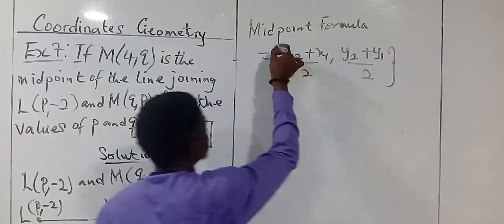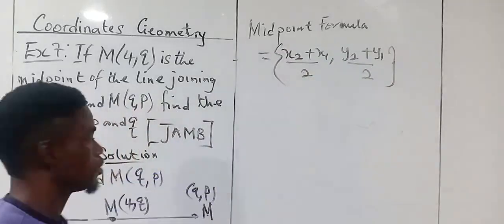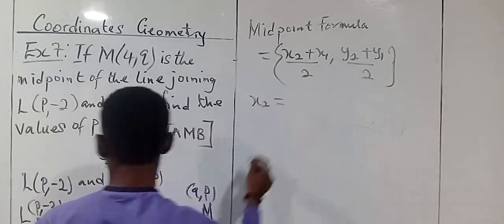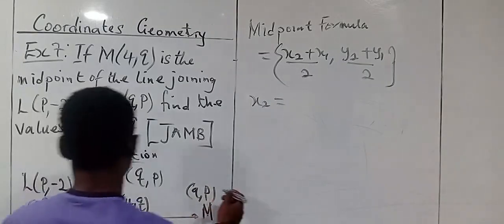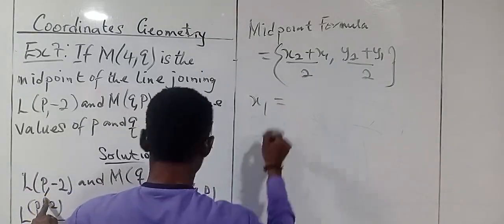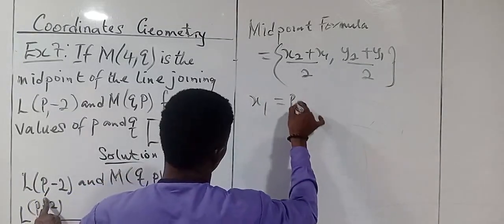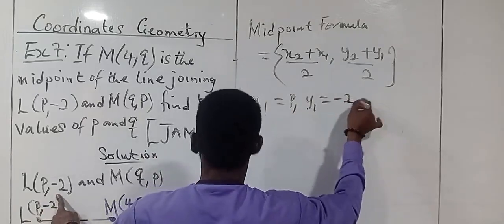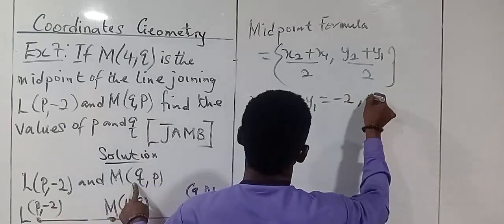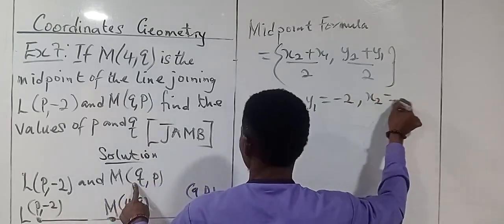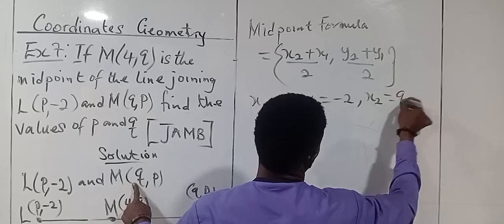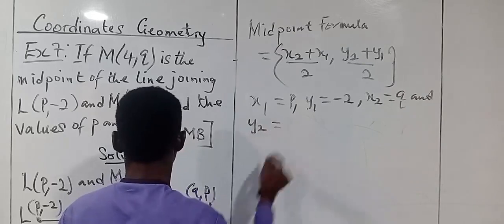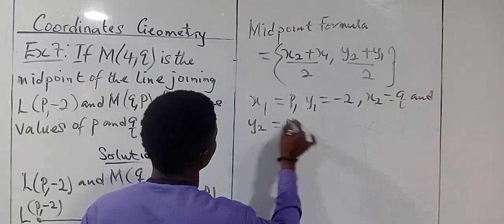Now, what is x1? x1 is P. y1 is minus 2. x2 is Q, and y2 is P.